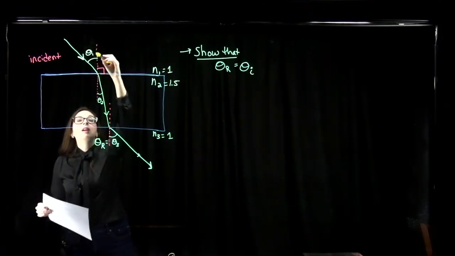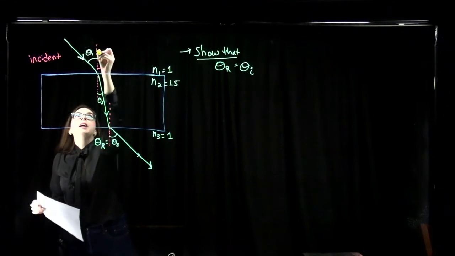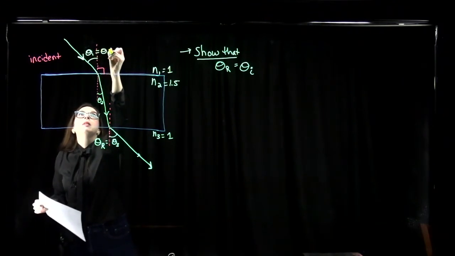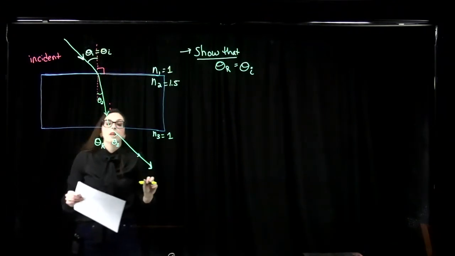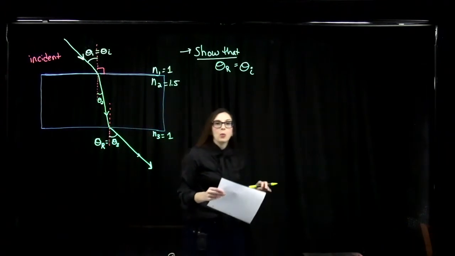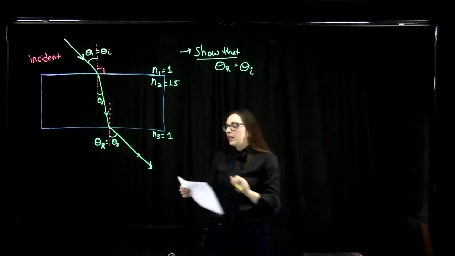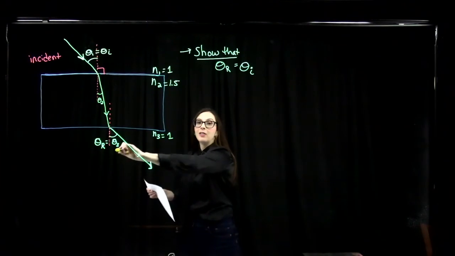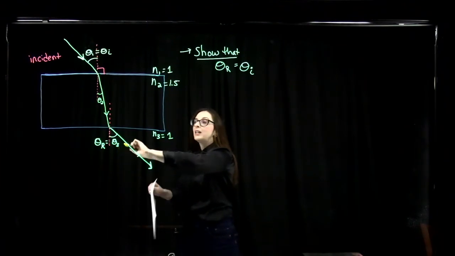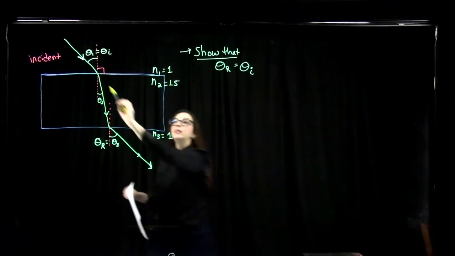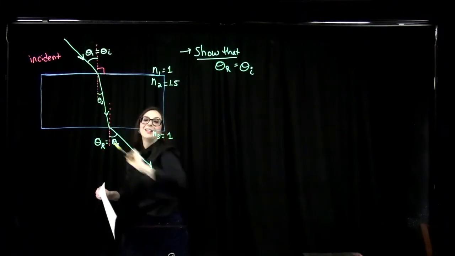So up here, this is my incident angle of my incident beam. Okay, so you could call that theta I. So for this particular problem, we are going to show that the angle of refraction of my emerging beam is the same as the incident angle for my incident beam.